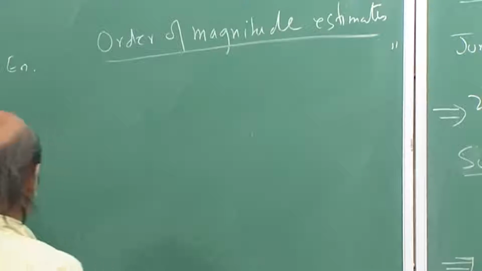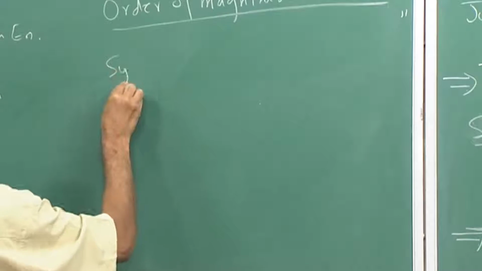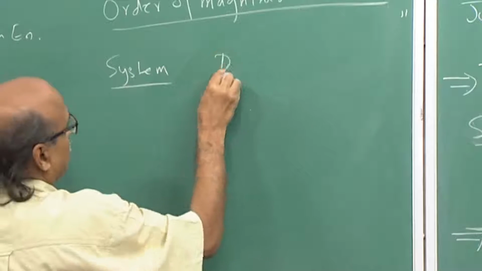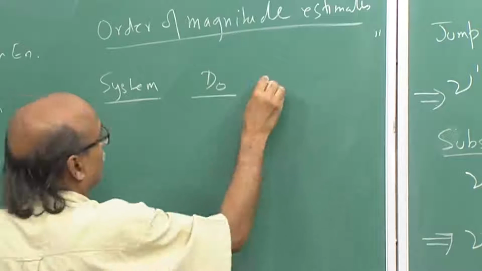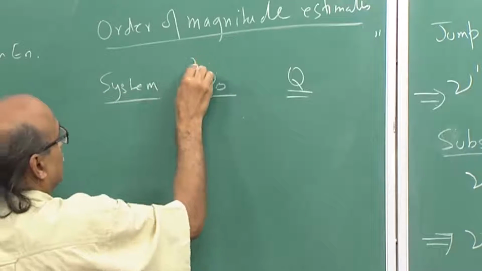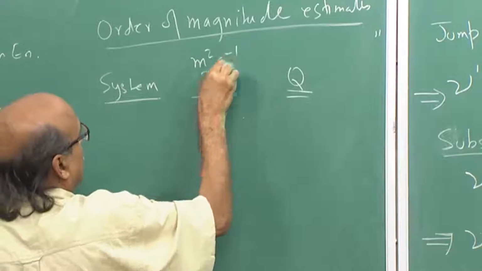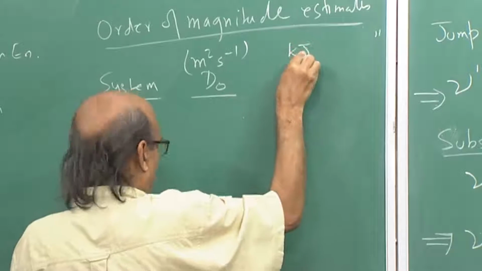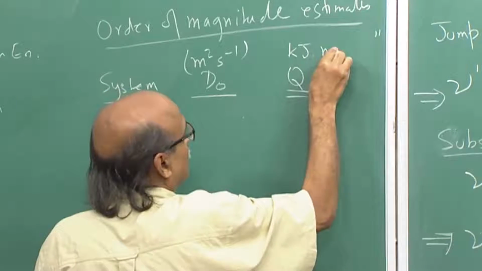Consider the system, what is the value of D0 for it, what is the value of Q for it. D0 is in units of meter square per second, and Q I am going to put as kilojoules per mole.